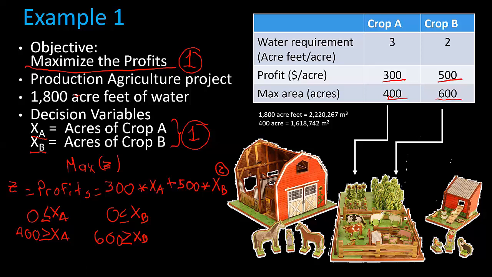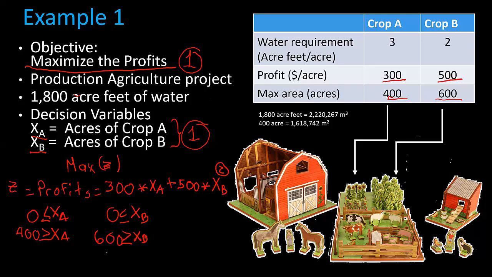Now we have another constraint here, and it is the amount of water available for the farm, which is 1,800 acre-feet. So how can we include that? How much water is crop A using?